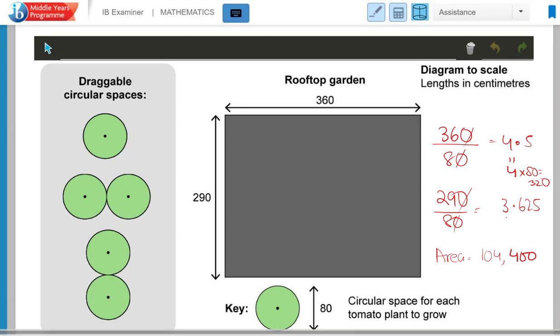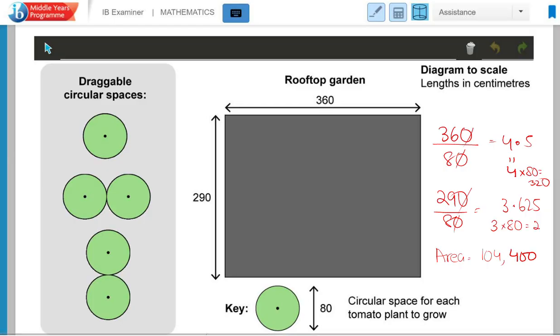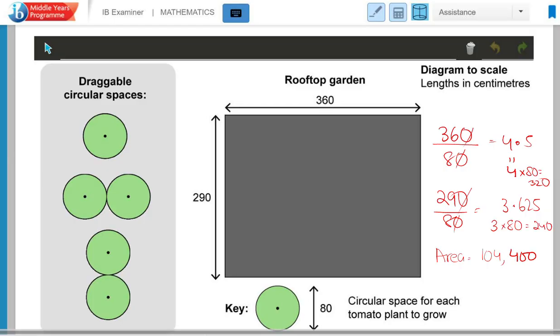And just like that, 3.625 is the maximum value, right? But by default, we'll consider 3. So 3 multiplied by 80 gives us 240, isn't it? So that's the horizontal and the vertical space.